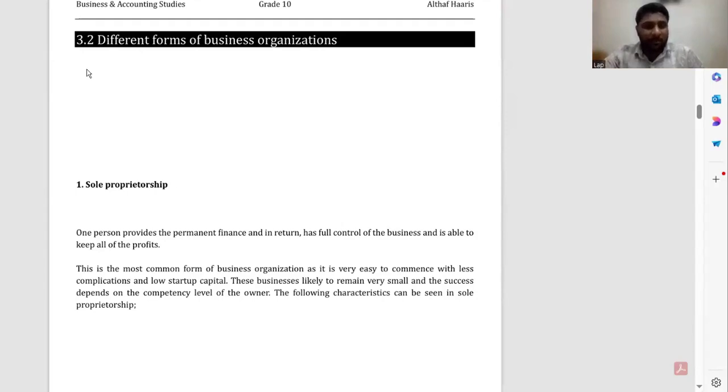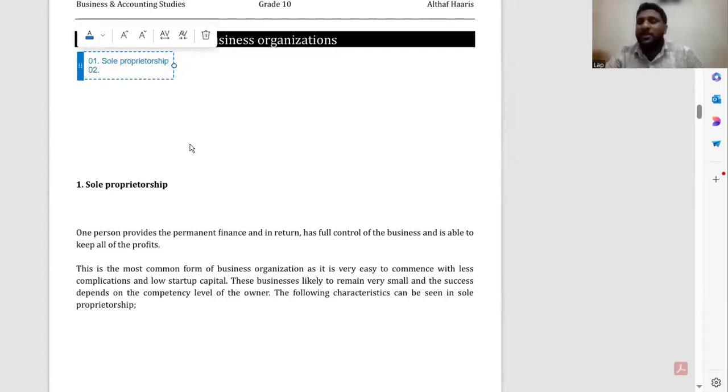So write down first one, sole proprietorship. If not, we will call it as one owner business. Sole trader. Partnership. Incorporated companies.